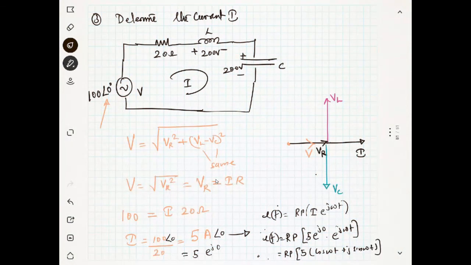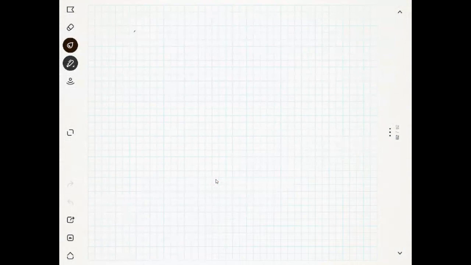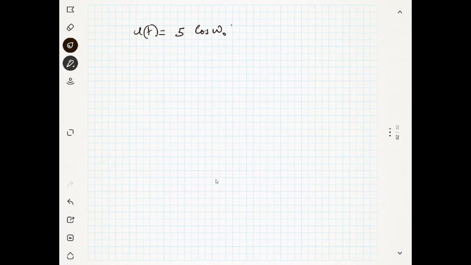Taking the real part, I get i of t equal to 5 cosine omega naught t.